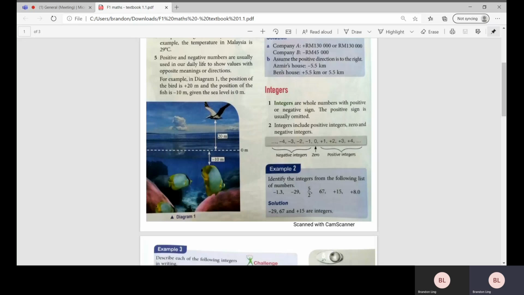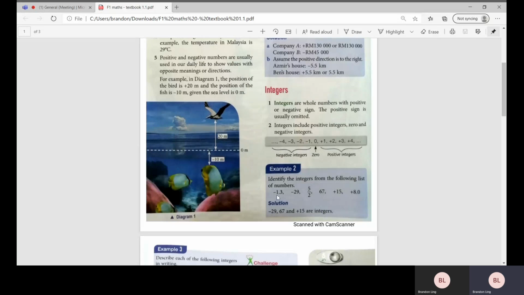Whole numbers means it is not a number with decimal places and they are not in fraction. If they fulfill this criteria, they are considered whole numbers, for example 1, 2, -2, -3. So the solution will be -29, 67, and +15. All these are considered integers.